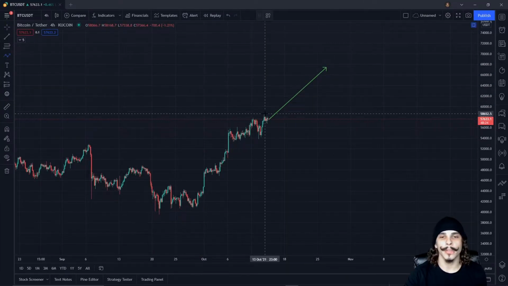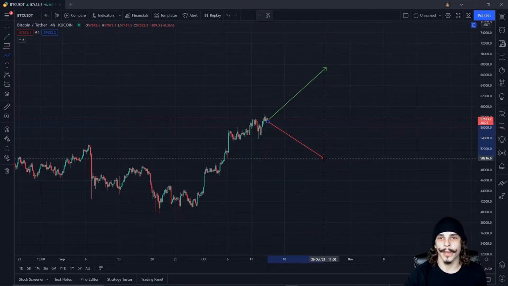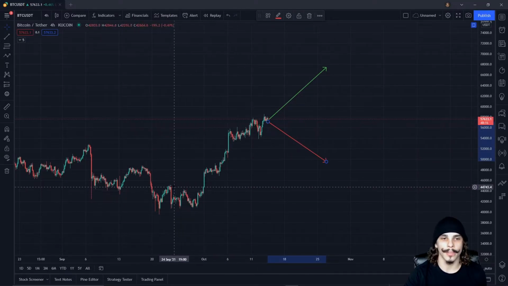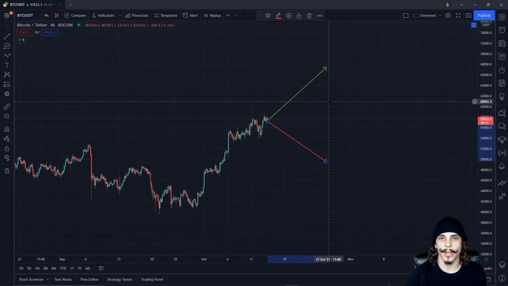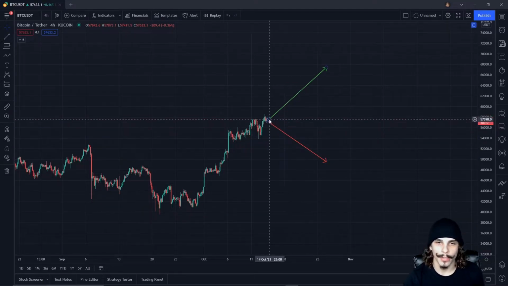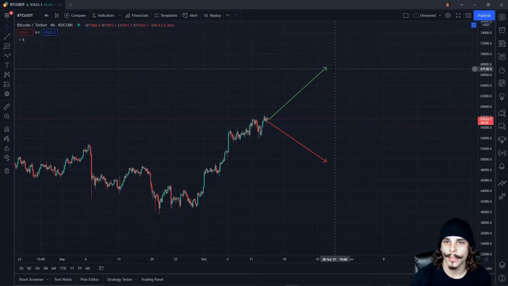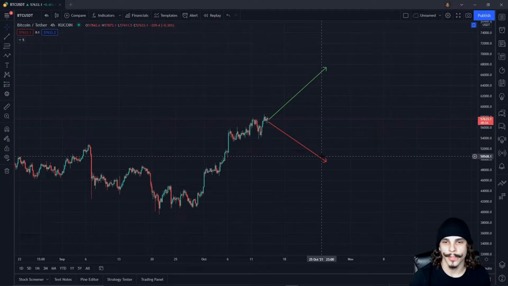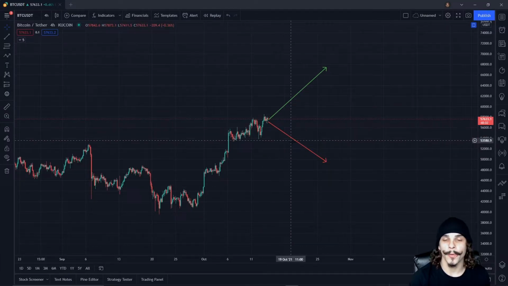If we take a short, that means we expect price to go down. So if we're setting up our technical analysis and we're expecting this to continue to go up, then we would want to place a long trade. That means we want to buy now and sell later for a higher price. If we think that price is going to go down, that means we want to take a short.